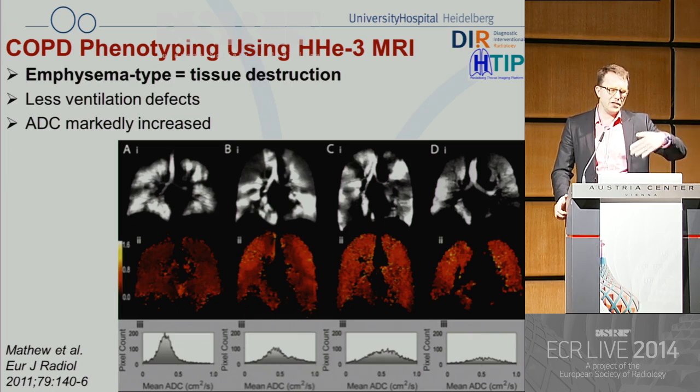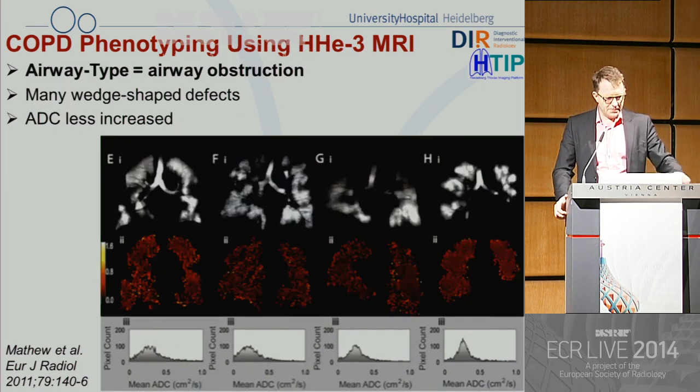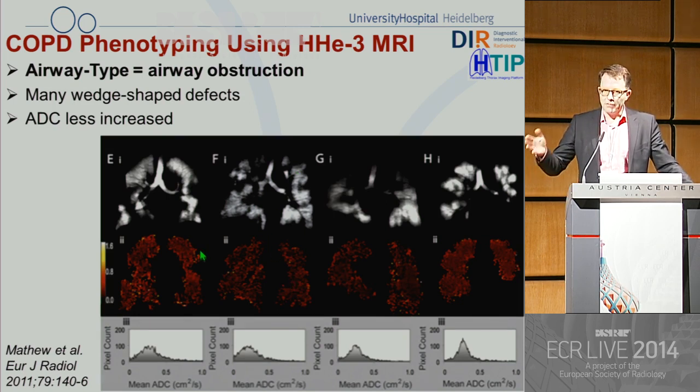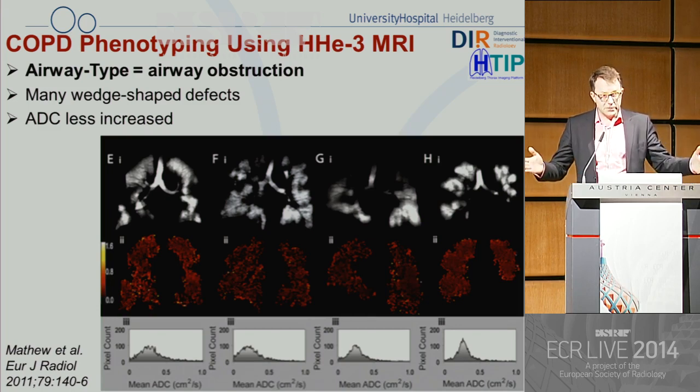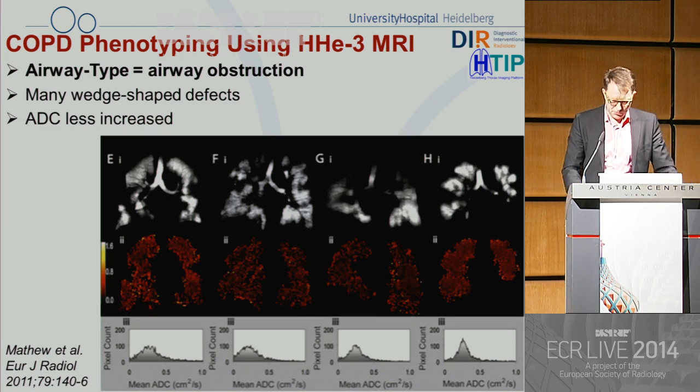And this is highly increased in the emphysema destructive COPD type. Whereas in the airway type, we have many more wedge-shaped ventilation defects, but the ADC, so the measurement of the size of the alveolar space, is much less decreased. So MR can also be helpful to phenotype COPD.